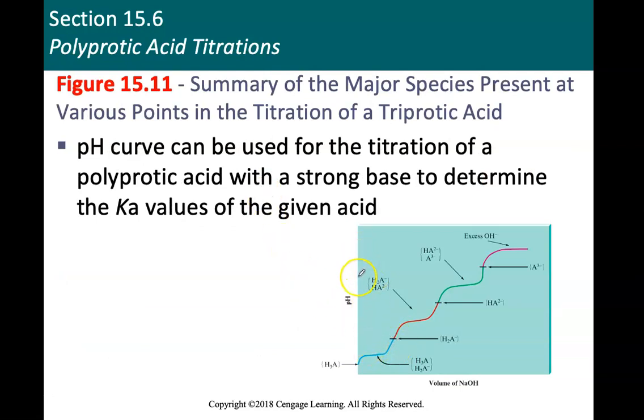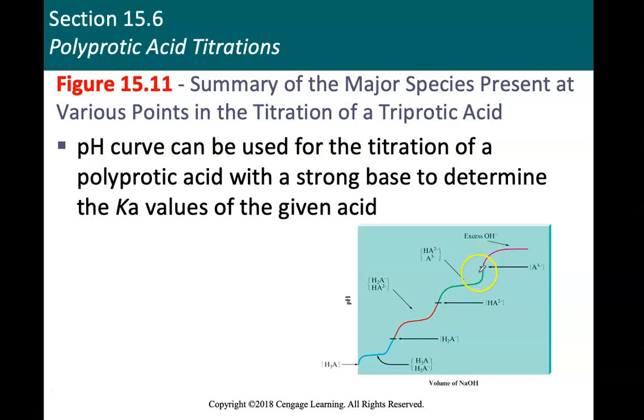So you see here in the plot of pH versus the volume of sodium hydroxide, you have the first equivalence point, which is the first proton removed, and then the second equivalence point when the second proton is removed, and then the third equivalence point.